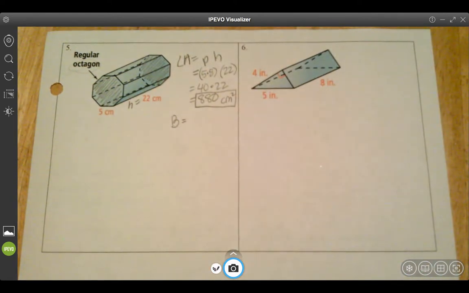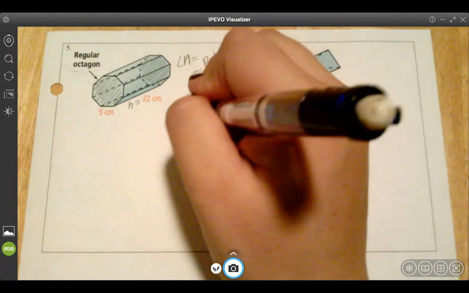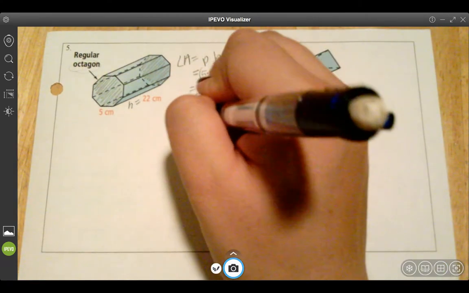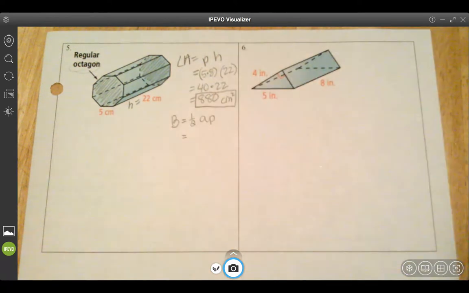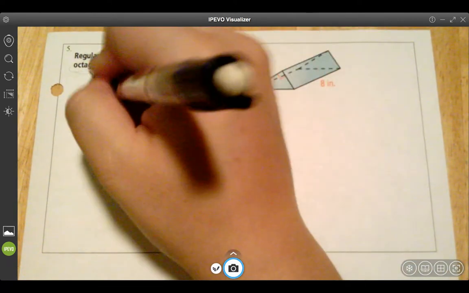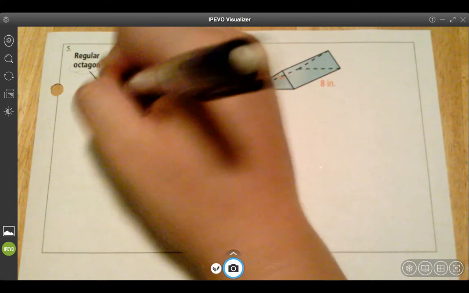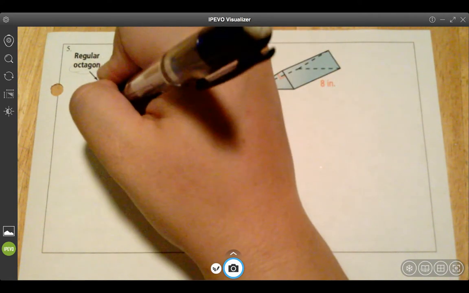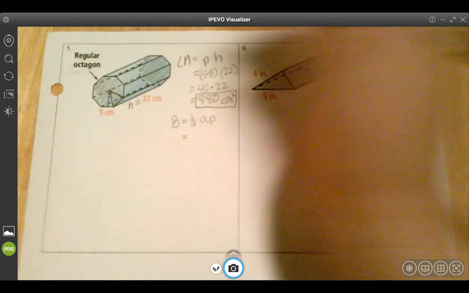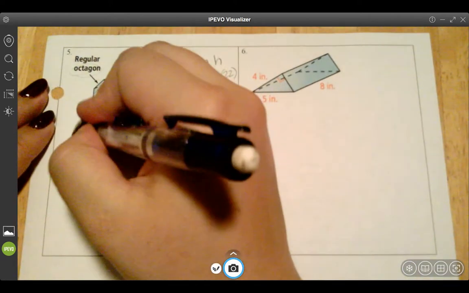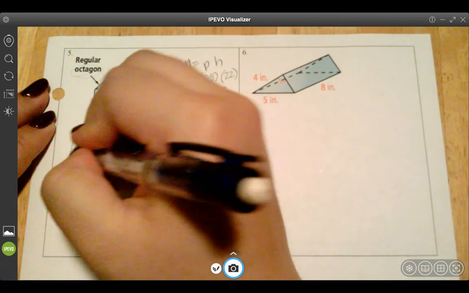Well, this is a regular polygon, so our area for the base is 1/2 AP, meaning we need to find our apothem. If I'm looking at this octagon here, we can call that the center. There's my triangle that I need to cut out. So, draw this triangle.